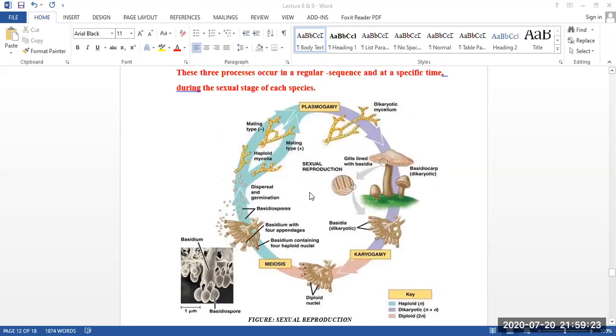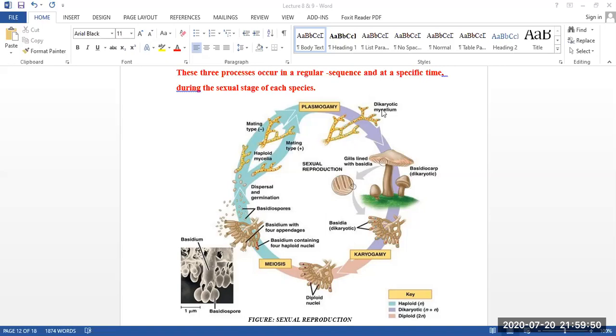Now if you look at this figure, you can see what happens at each stage in different species. First, in the plasmogamy process, that is a male and that is a female. When both of these hyphae come together, fusion happens and a dikaryotic mycelium is produced.